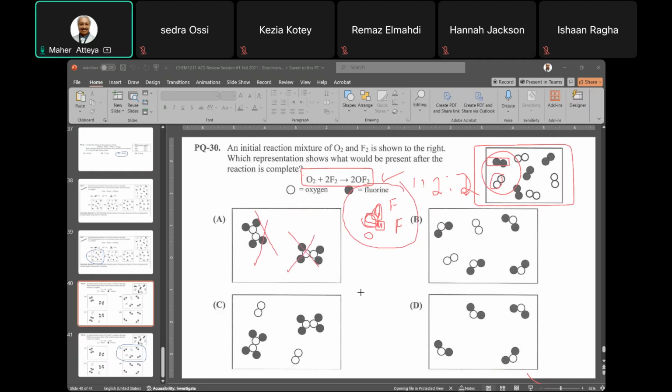This is wrong, and this is wrong in the same way. This might be correct, and this might be correct. Now, the answer is between B and D. And which is correct?